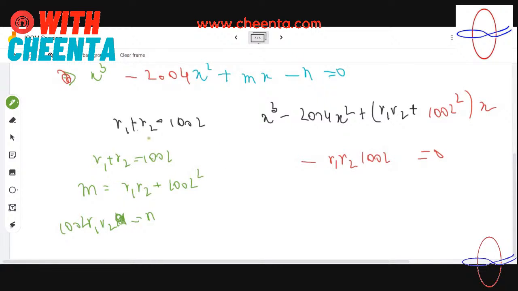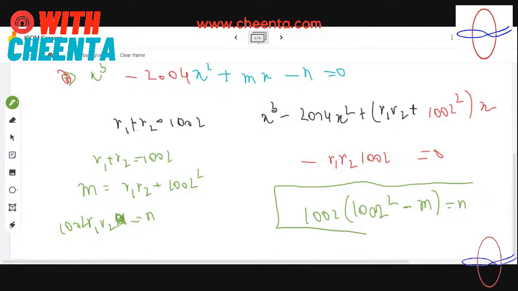So what do we get from here? Therefore we get that 1002 times 1002 whole square minus m is equal to n, right? This is the result we are getting. So we can sort of understand from here what the possible m can be.